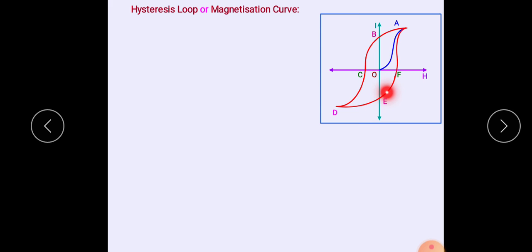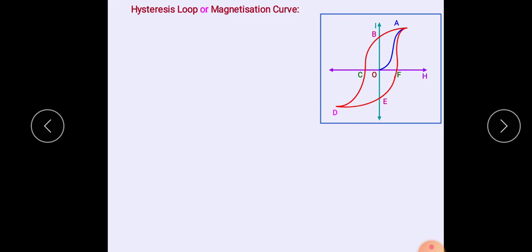To make it 0, we have to increase the magnetic field or magnetizing intensity up to this point F. This closed loop is known as hysteresis loop.